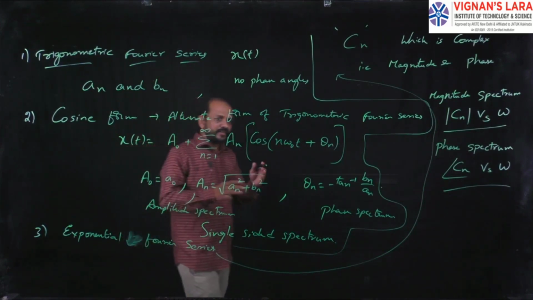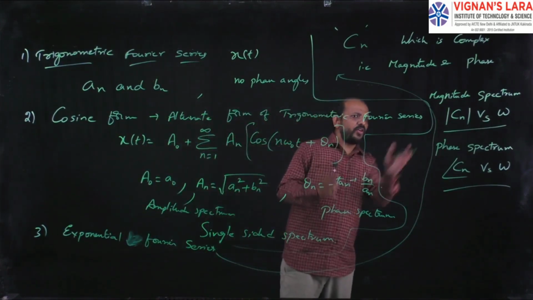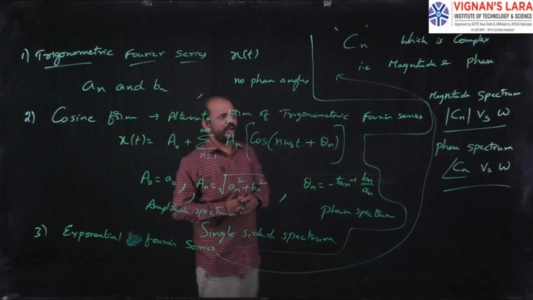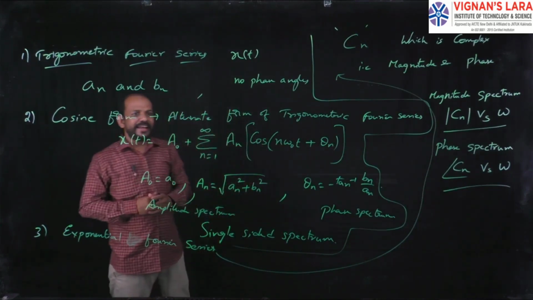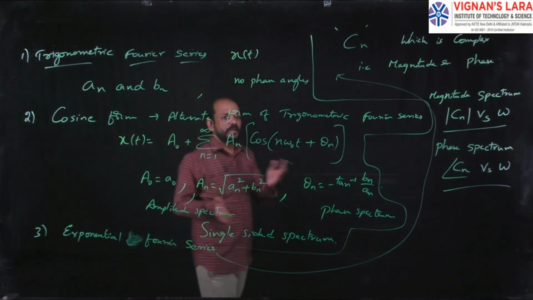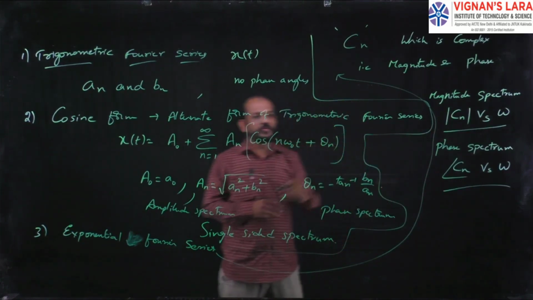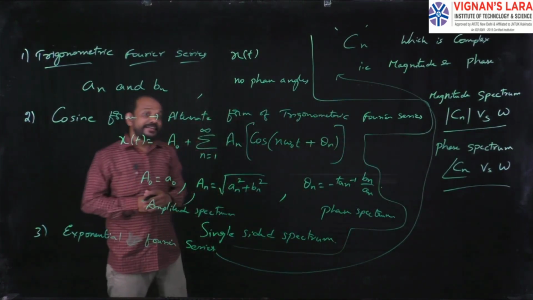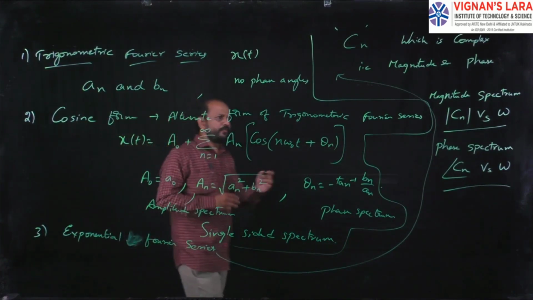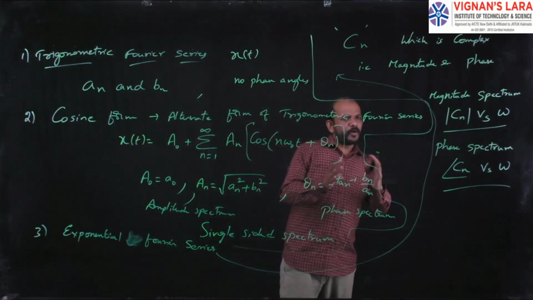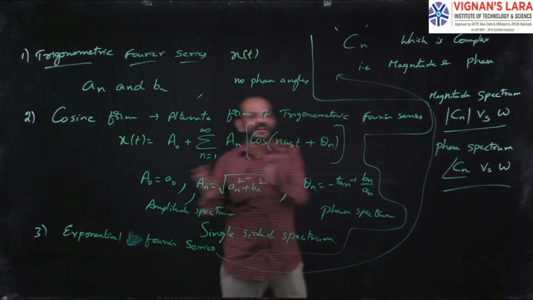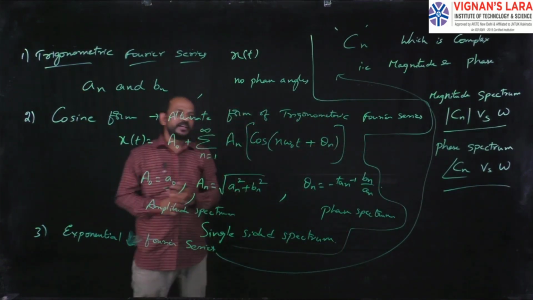And here these Fourier coefficients, or the amplitude coefficients, exist for both positive and negative frequencies.